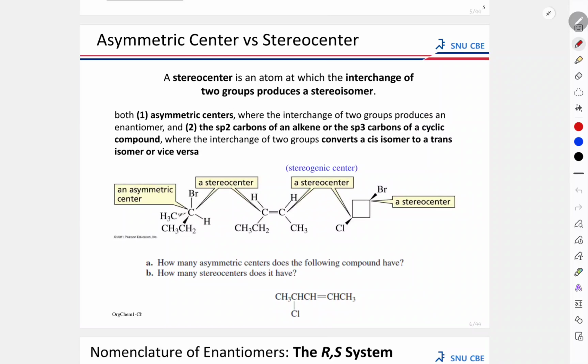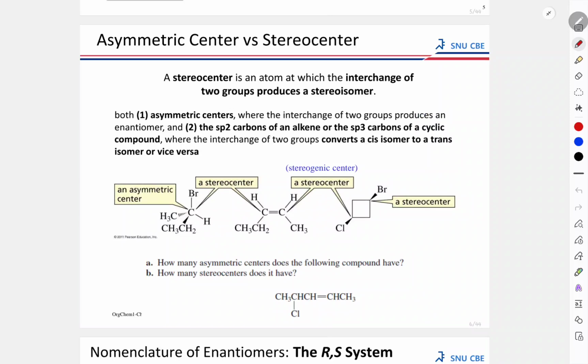So here, for instance, you have the asymmetric center, the carbon site, with 4 different substituents. In this case, swapping 2 of them one for the other will give you the second enantiomer. That's why this asymmetric center can also be called a stereocenter.